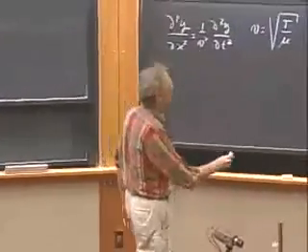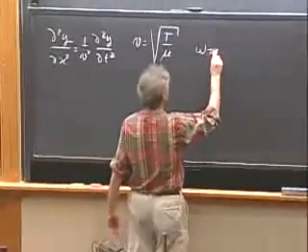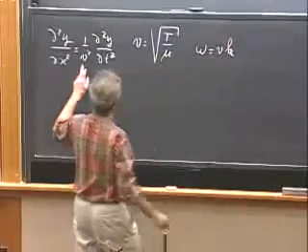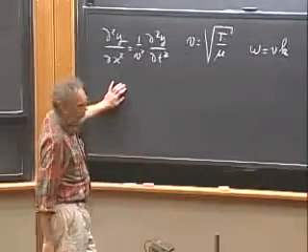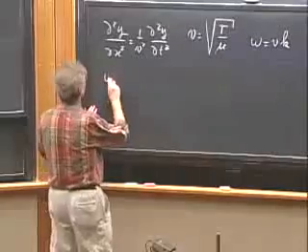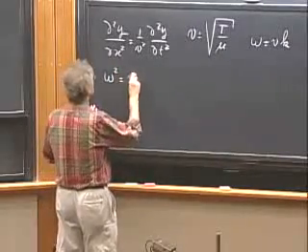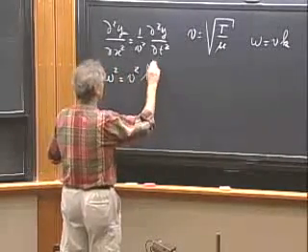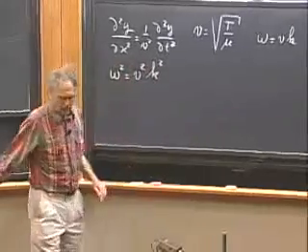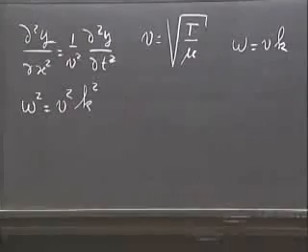So that gave us that omega was vk, that came out of this wave equation. And so we found that omega squared is v squared times k squared. That is the result of the calculation when the tension is exclusively responsible for the restoring force. And you get a non-dispersive medium.